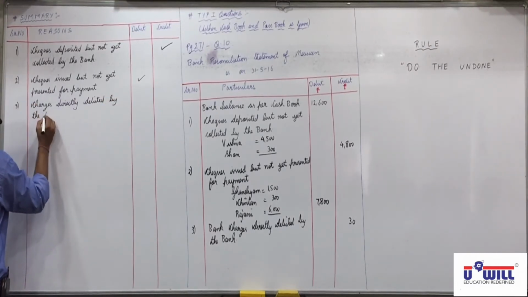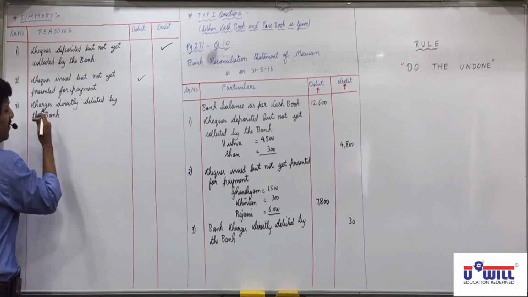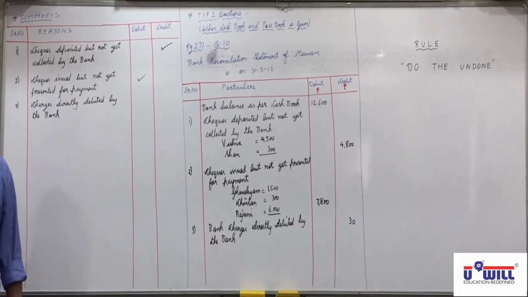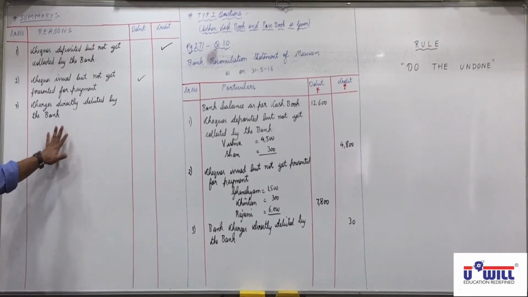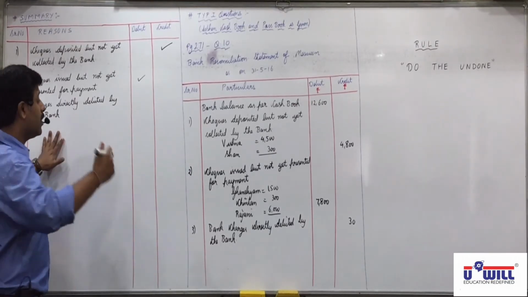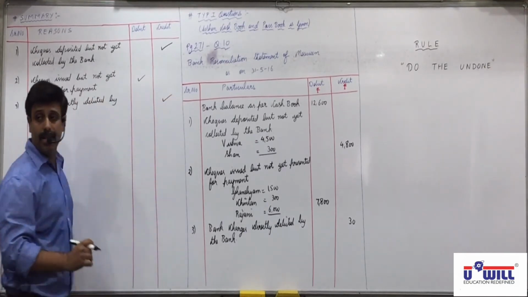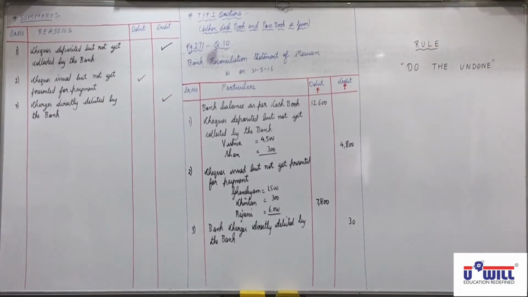This is the third reason. And infinite reasons are possible. We are just going to mention in the summary whatever reasons are covered in your textbook. Otherwise, infinite reasons are possible. Why cash book and passbook's balance may differ. Now, this is debited in passbook but not credited in cash book, so credited in BRS. Did you understand this, everyone?